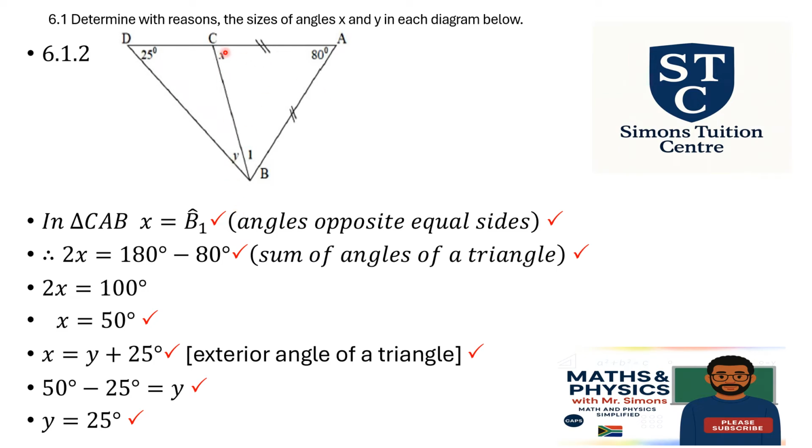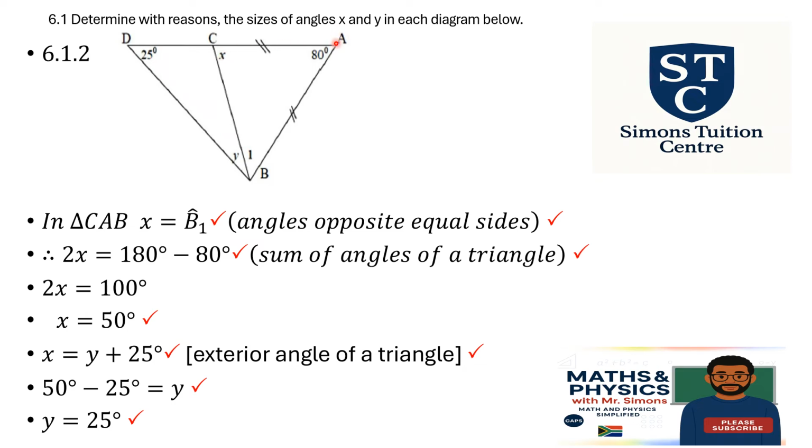Again, for AC they've drawn a double line through AC, and for AB another double line. So AB and AC must be the same length. Automatically then, AB is facing x and AC is facing B1. So B1 and x must be equal to each other, because they are angles opposite equal sides.